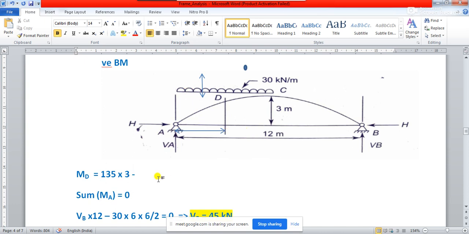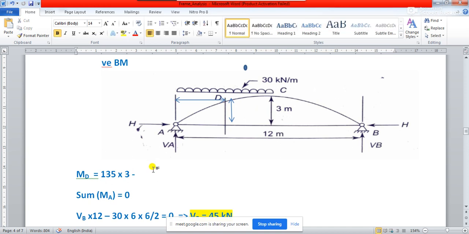So you see 135 minus 3 minus how much will be this distance from here to here? This distance from here to here, you see, is actually 3 meter. The intensity of load is 30 kilonewton per meter.